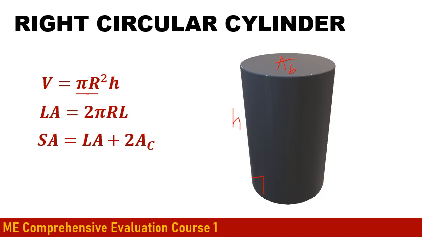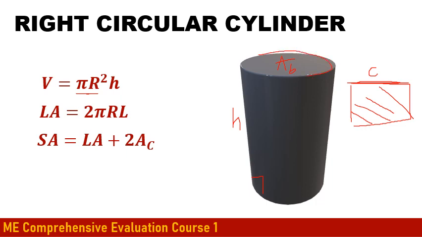For the lateral area, it's the area of the lateral side. If you're going to cut this cylinder, it will be like a rectangle. So this now represents the lateral area. The area of this lateral area is equal to the circumference, since if you roll this out, this side is actually equal to the circumference of this circle here.